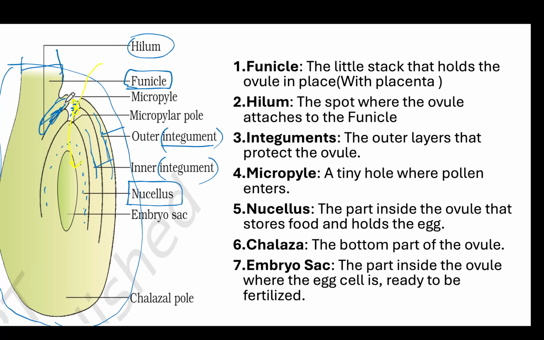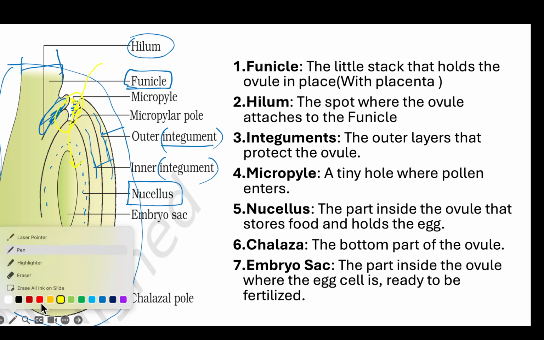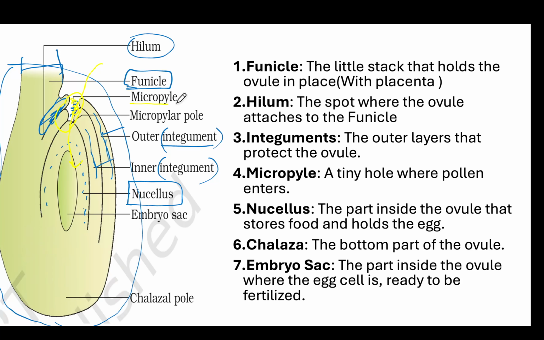With the help of this opening, the content of the pollen tube will ultimately be released. This small opening we call micropyle. Very important. This opening is present at the top and is known as micropyle. So this top end of the ovule is known as what?